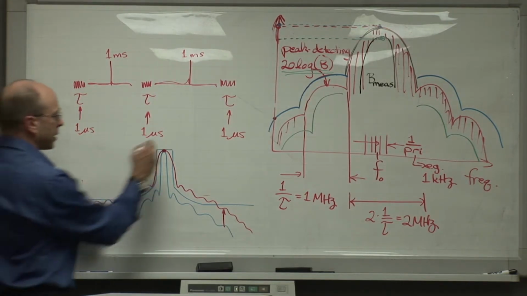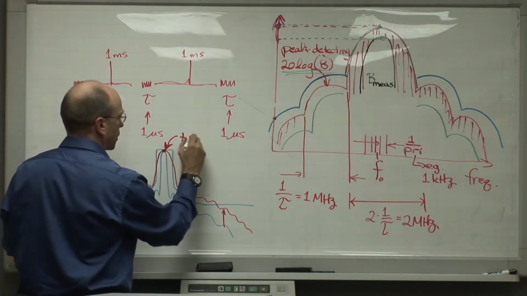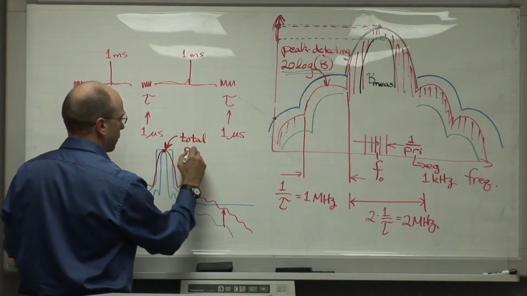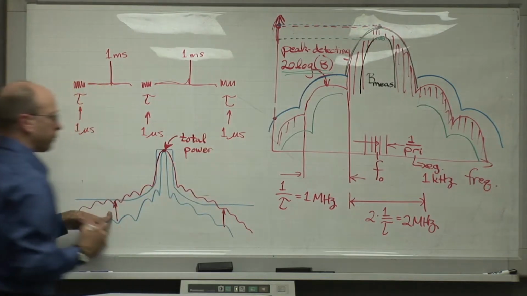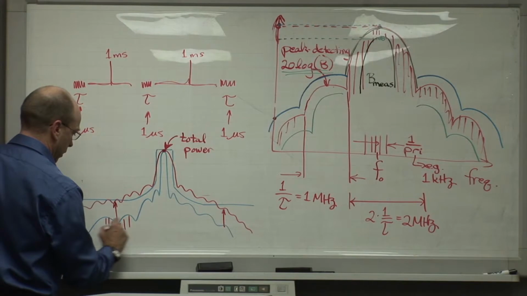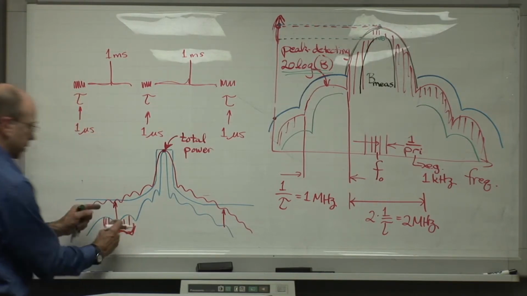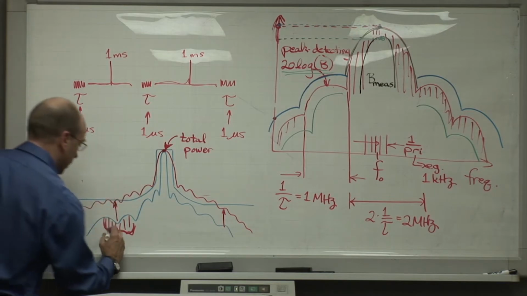And the reason is that in this part of the spectrum, we're measuring almost all of the power. We're measuring pretty much the total power out of the radar, but out here we're measuring across a range in the spectrum where the energy is distributed out widely. This is a continuum.